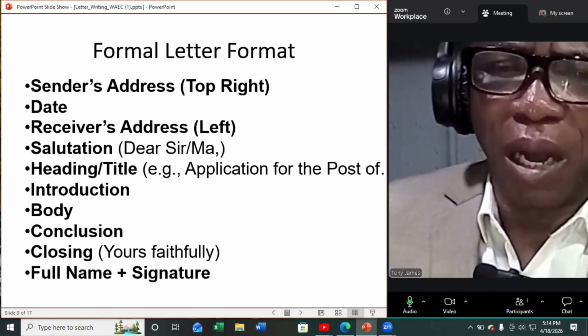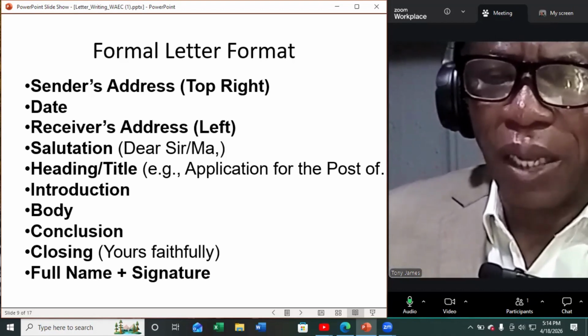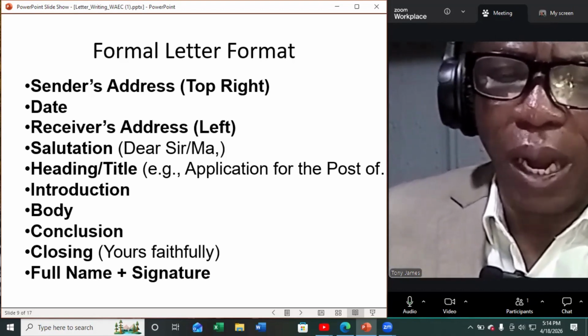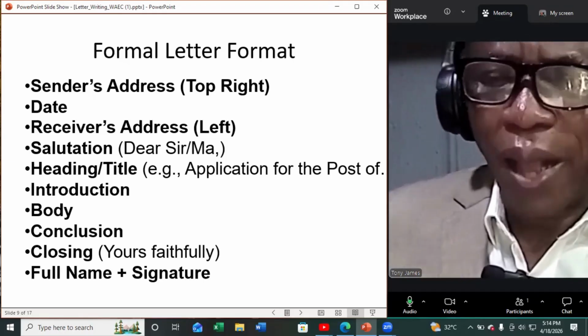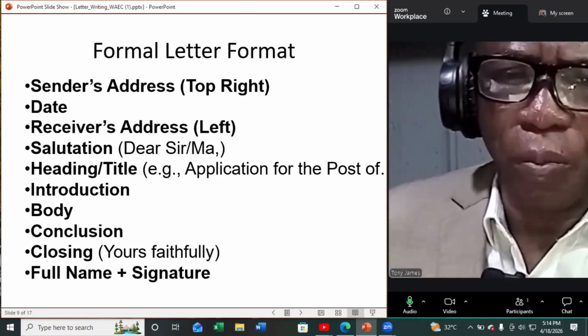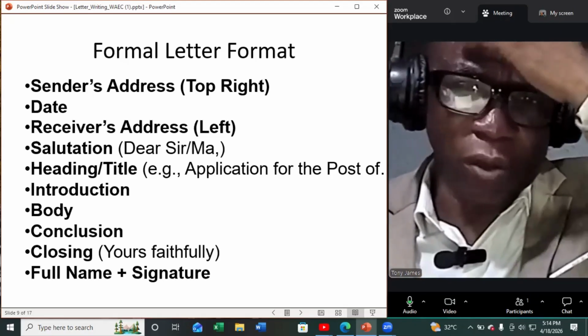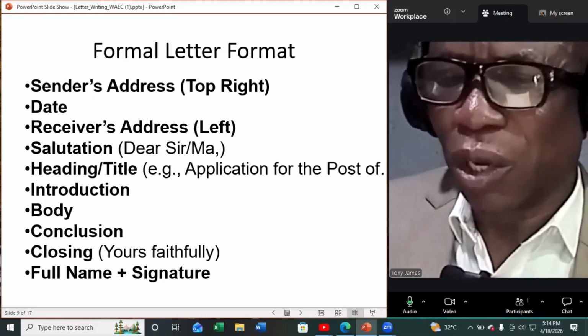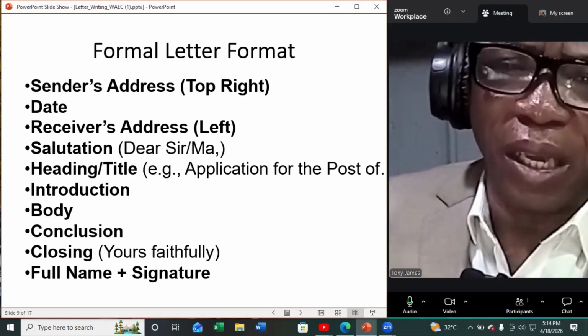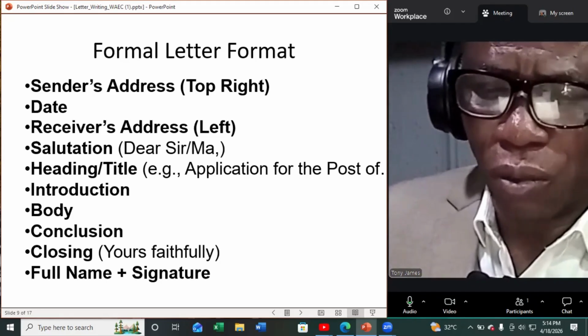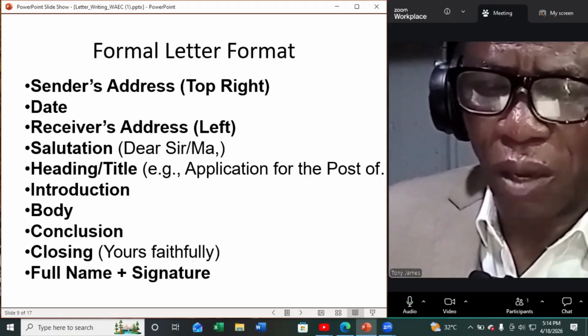But under normal circumstances, the formal letter is not meant to be lengthy. But for WAEC exam, it's going to be a lengthy letter because the examiner will frame the question in such a way that it will require you writing a lengthy letter. We'll show you how it comes to be.